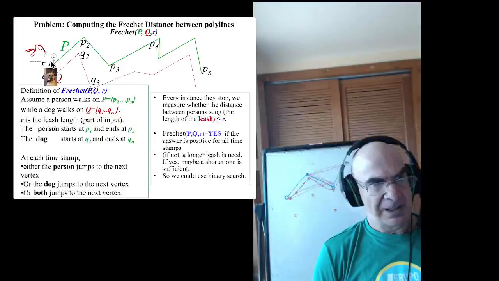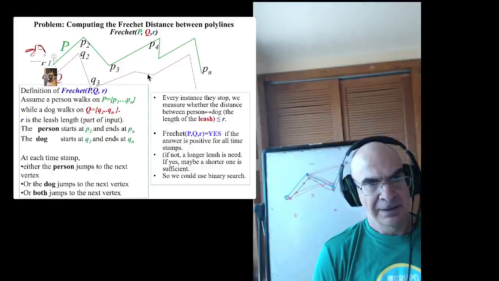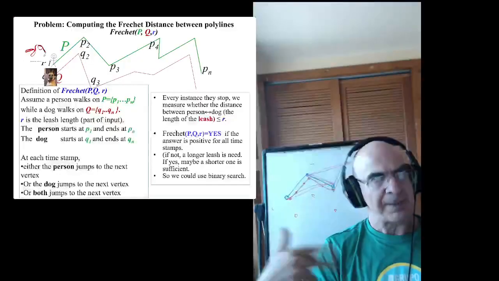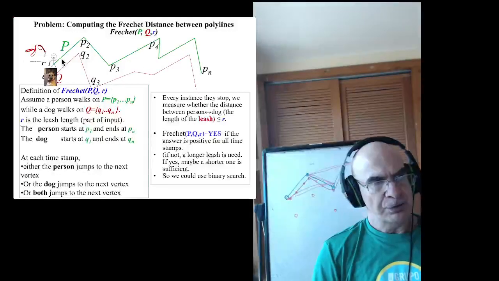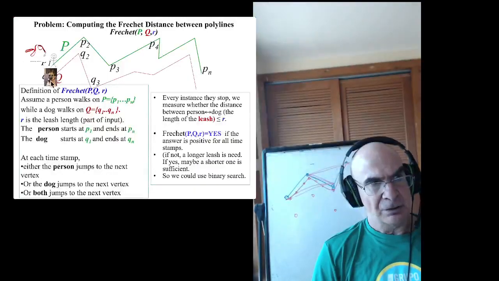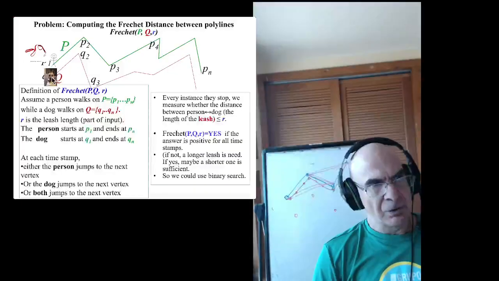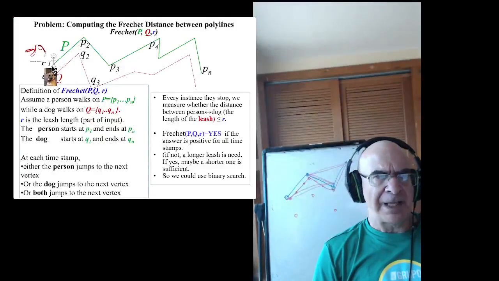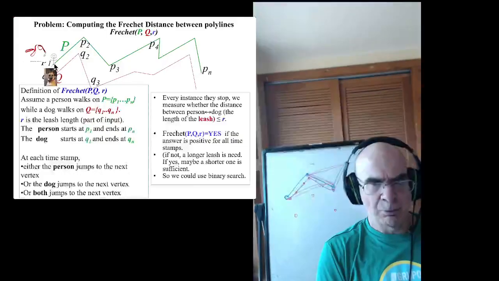Now, both the person and the dog can only move forward from one vertex to the next vertex. There are some time gaps and some steps happening in both paths. I'll assume that the person keeps the dog on the leash at all times, and the Frechet will ask: is there any way that the person and the dog can both move forward?